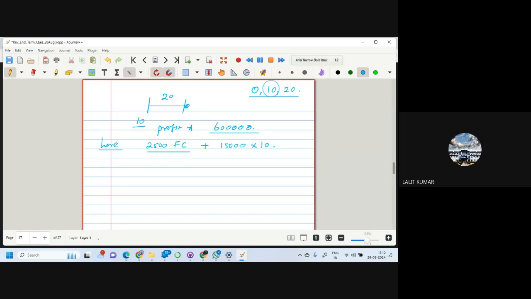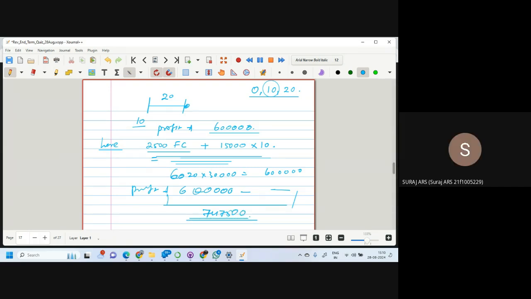So this will become your cost of purchasing, and selling is your 20 into 30,000. So this will become 6 lakhs, and profit will become 6 lakhs minus this much. And this profit you add to 747500. Is this clear? Okay, now I understood the previous and this. Got the difference.